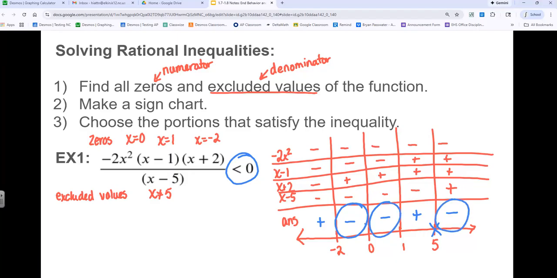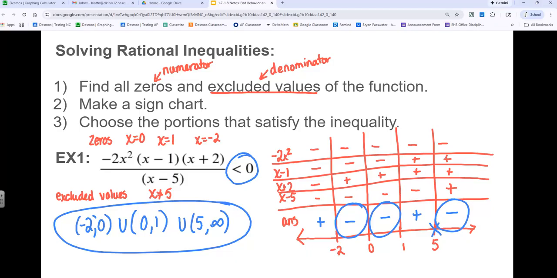Even though negative 2, 0, and 0, 1 are right next to each other, I cannot connect them because I need to be using parentheses here. So I'm going to have negative 2 to 0. And then I'll have 0 to 1. And then I'll have 5 to infinity. That'll be my answer right there.